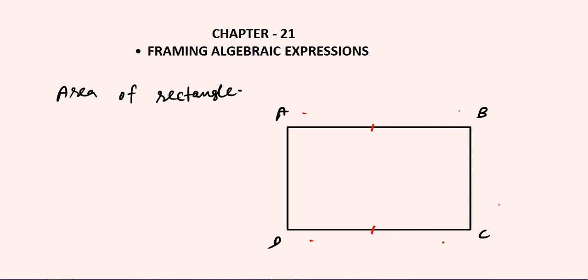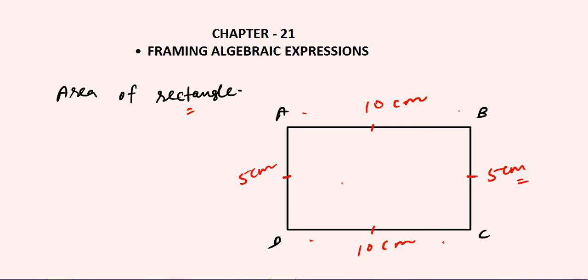AD and BC: BC is the opposite side of AD, and AD is also equal to BC. Suppose AB is 10 centimeter, so DC is also 10 centimeter. If AD is 5 centimeter, BC is also 5 centimeter, because in a rectangle opposite sides are equal.